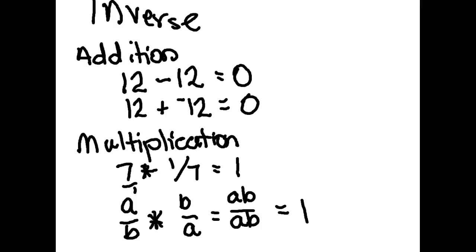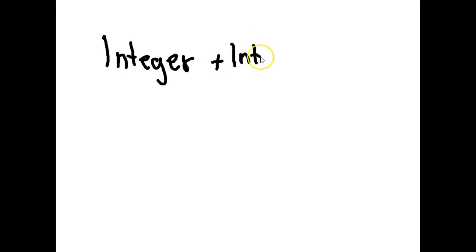And then closure. Let me go up and clear this off. Closure is the idea that you're going to get a number back out when you have two numbers. So we can say, an integer plus an integer is going to get you an integer back out.